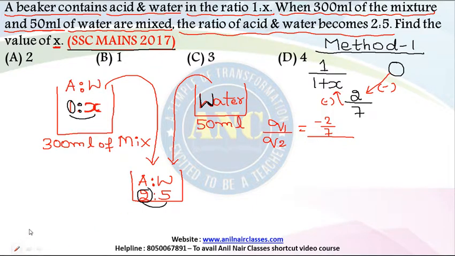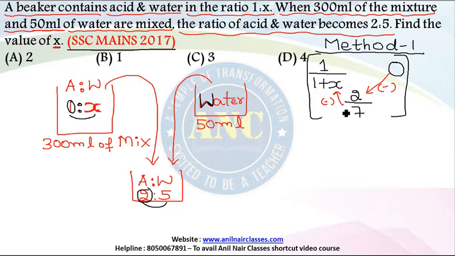But before doing all these things, what we actually know is we do not want to work with fractions. Even if I want to simplify the fractions in this example, I might not be able to simplify the entire thing. But let me simplify as much as possible. I have denominator 7. I have denominator 1 plus x.